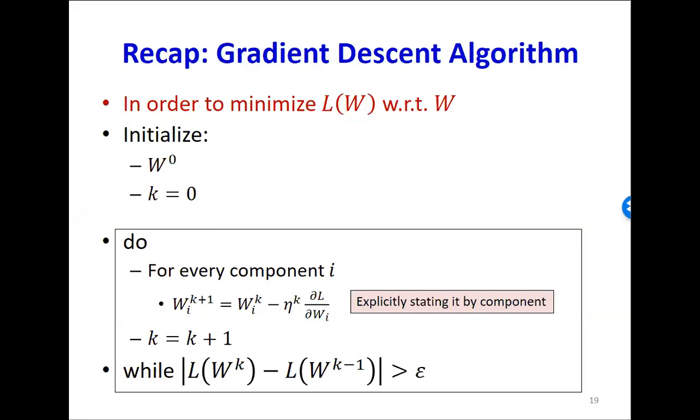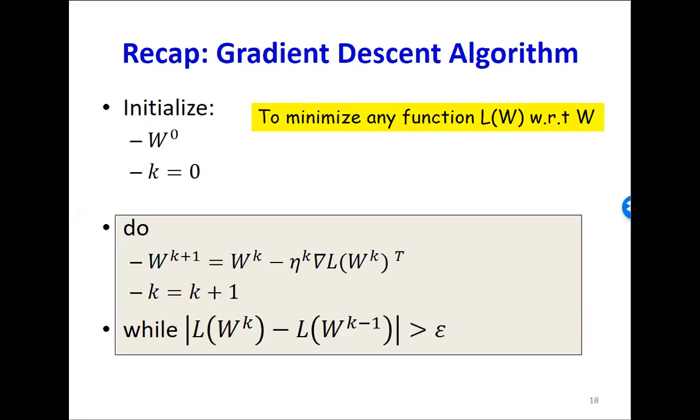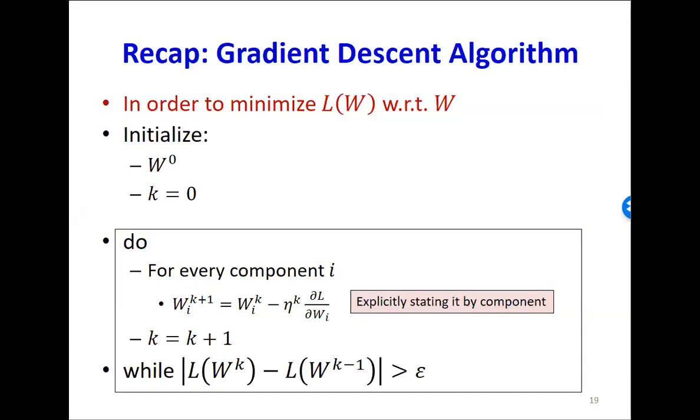And although this is written in vector form, if you want to look at it more carefully, you're basically going over it component by component. And for each component of W, you're subtracting some scaled version of the derivative of L with respect to that component of W, the partial derivative of L with respect to that W. Again, remember the gradient was just the vector of partial derivatives.